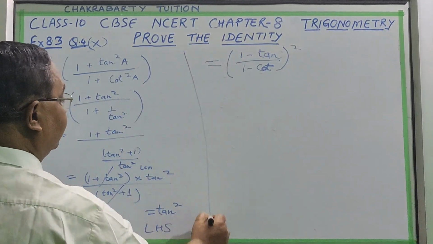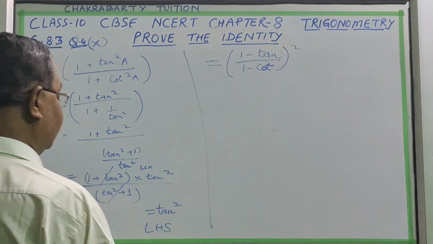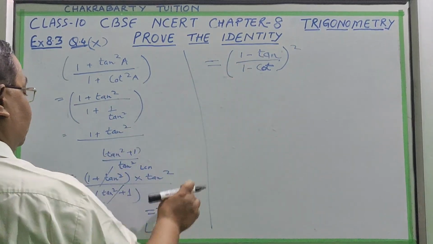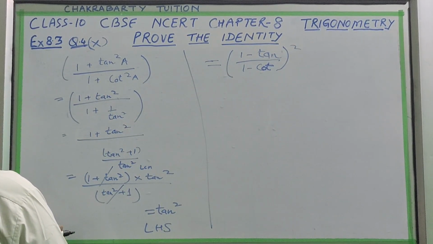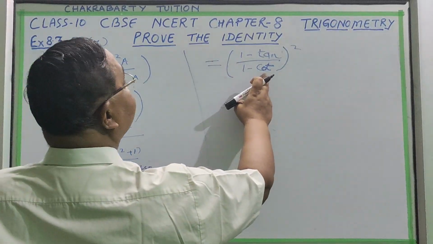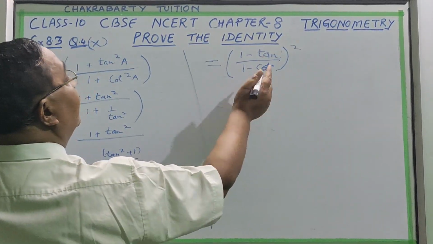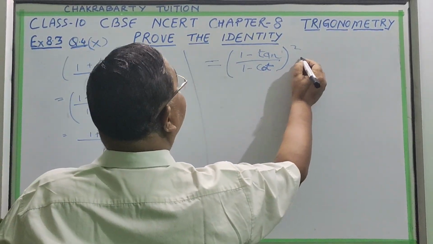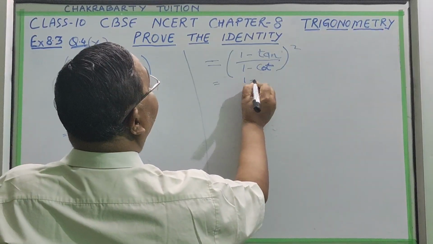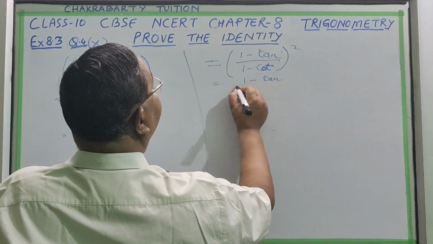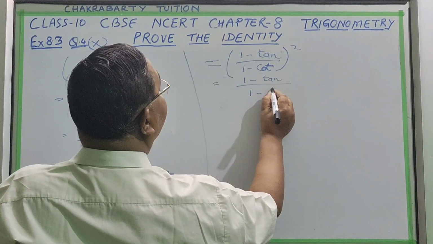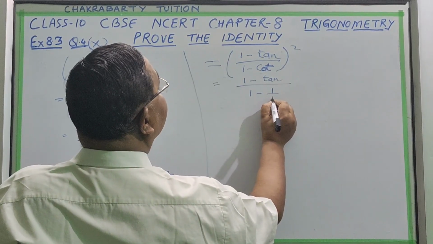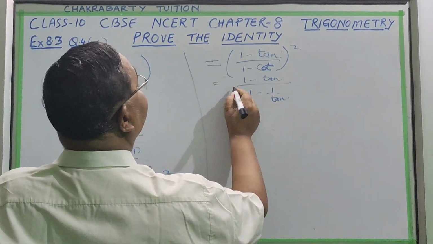Now we will solve the right hand side. RHS we will solve because directly we could not reach, so we will solve it and see whether this is coming or not. So here again cot is there, cot is reverse of tan. So we can write it like this: 1 minus tan upon 1 minus 1 upon tan.